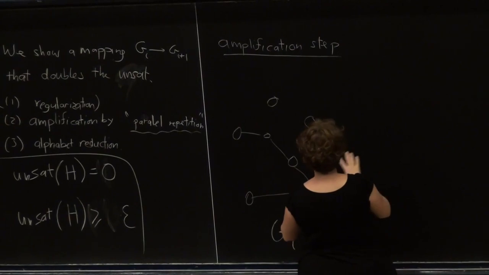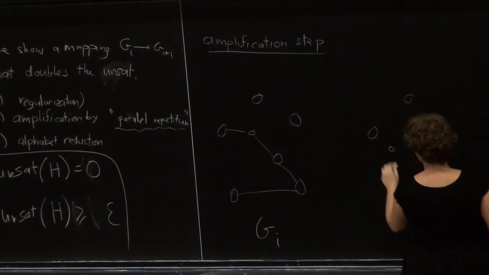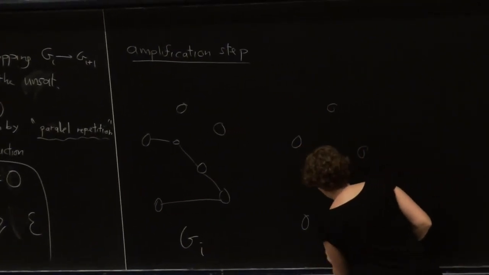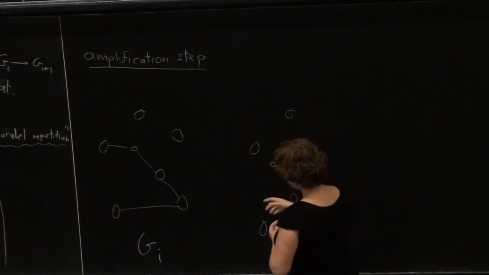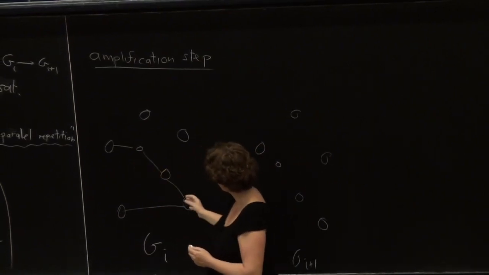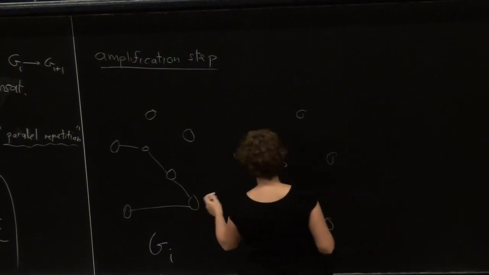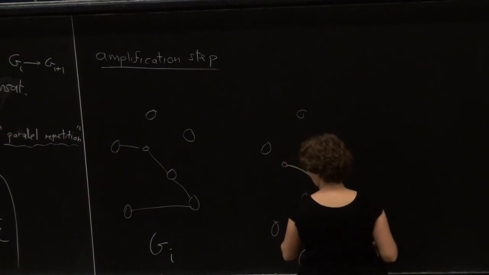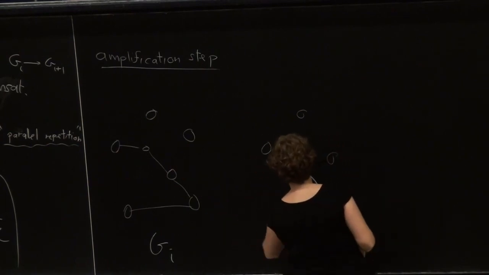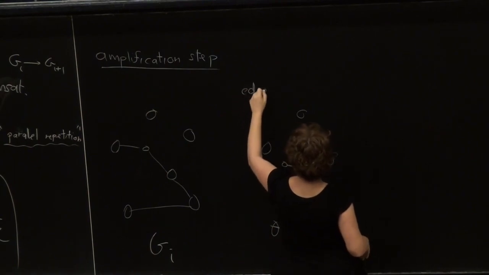And now what you do is this. You take this graph and you have exactly the same set of vertices. I won't be able to draw it, but anyway, you have the same set of vertices. But now the edges will correspond to walks of some length, say walks of length 2. So if you had a walk of length 2 from this vertex to this vertex, you will also have an edge here.